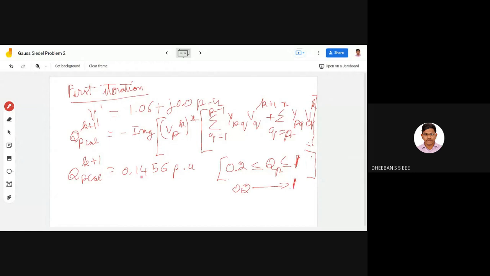It is very clear that this 0.1456 is still less than your 0.2, so it doesn't fit in this range. But the minimum value nearest to this calculated value is this 0.2.